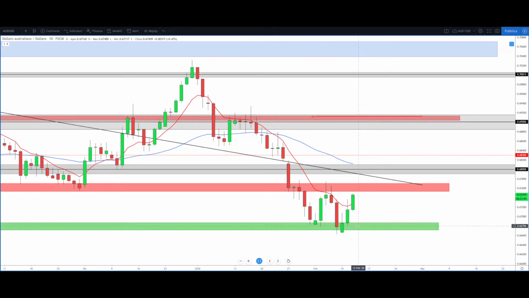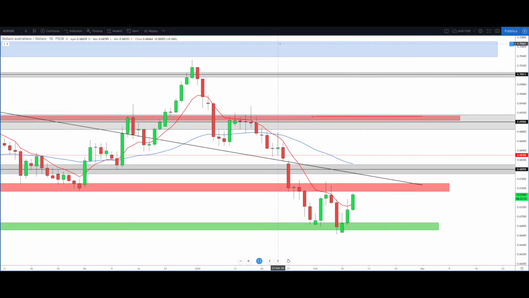We are really inside a big area below the last key level and just above the yearly support. So I want to wait and look a clear break to the upside that could be a strong bullish signal for the next weeks, or a clear break of this yearly support that could be a huge bearish signal for the rest of the year.